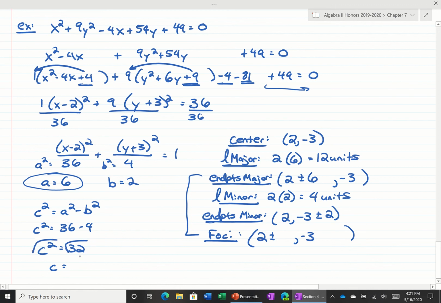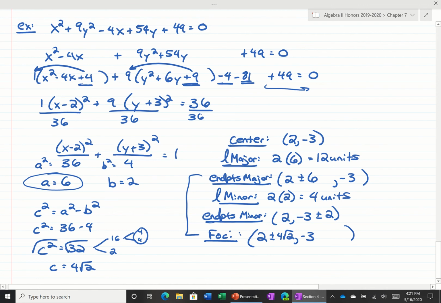Square root of 32, you see that's 16 and 2. 16 is 4 and 4. So c would be 4 root 2. We're going to be adding and subtracting that to the x value.